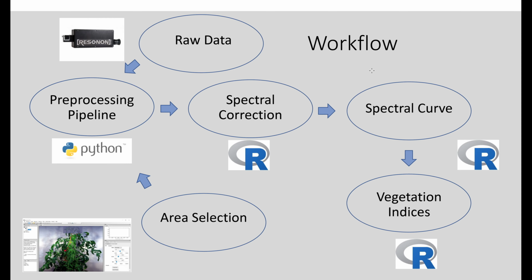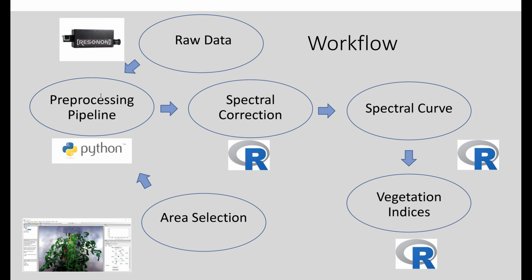So here's that workflow. I took the raw data that's output in a .bil file from the camera and took it into a preprocessing pipeline in Python that selects just the vegetation and the reference cube that's in the image, calculates the mean reflectance value for each wavelength, and outputs a CSV file for the plant and the reference cube.